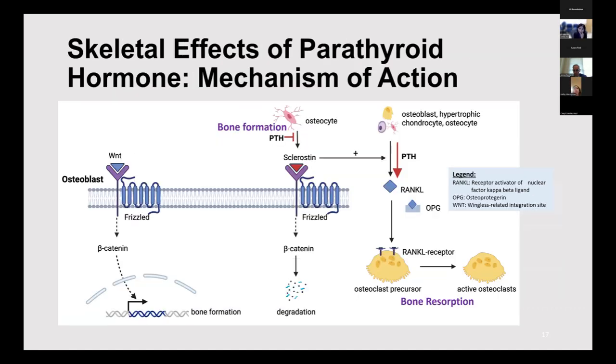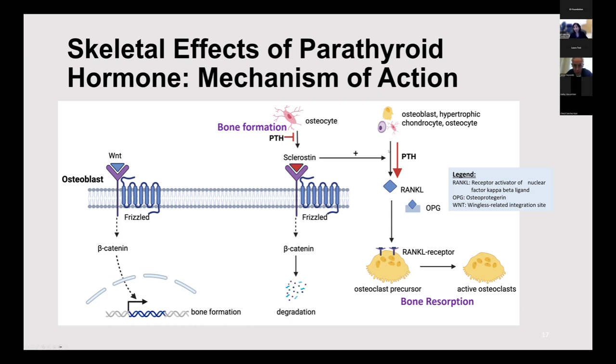And so there are multiple complementary things that are happening for PTH to orchestrate both the bone forming and bone resorbing effect on the skeleton. We know that the bone forming effect of PTH is predominantly through its effect on inhibiting the secretion of sclerostin.